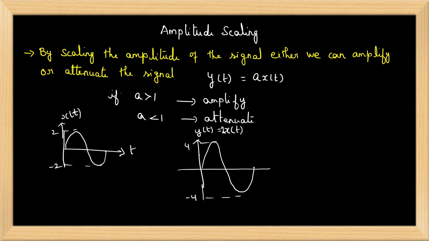Okay, that means it will amplify the signal. If a is less than 1, that means y of t equal to half x of t, then our new signal will be the attenuated version of our original signal. That means it will be having the amplitude from 1 to minus 1. Okay, this is about the amplitude scaling.